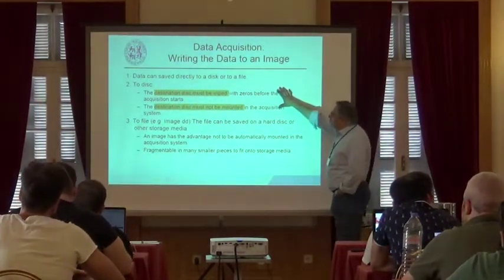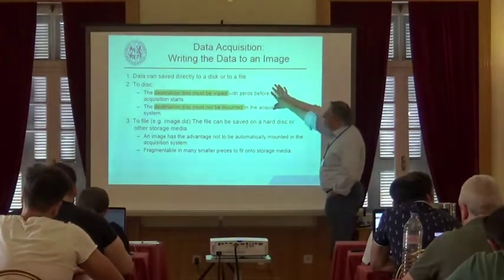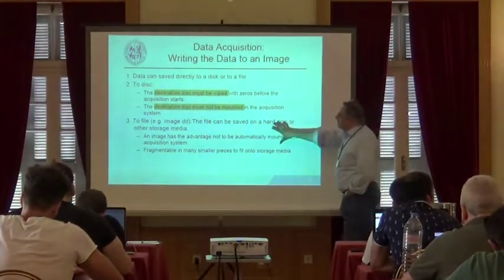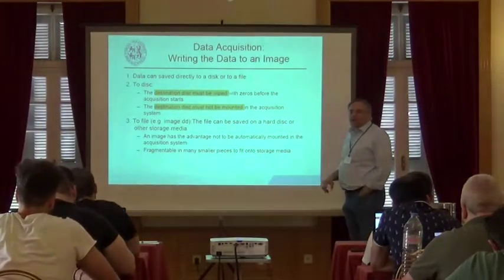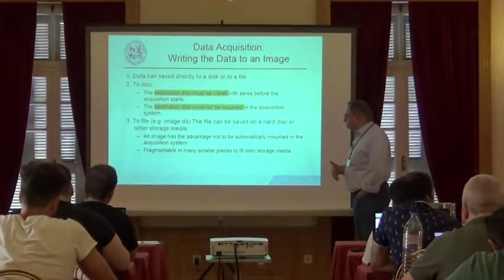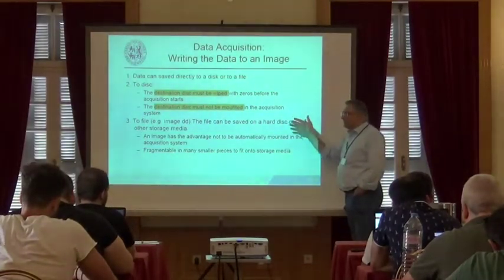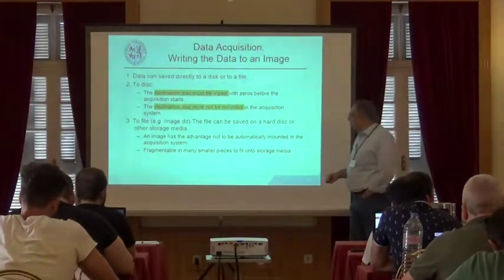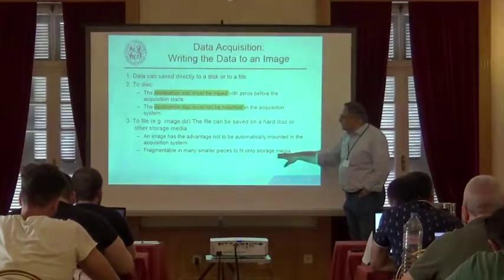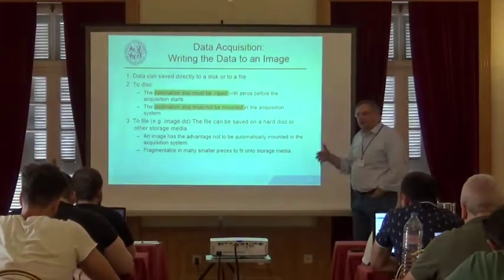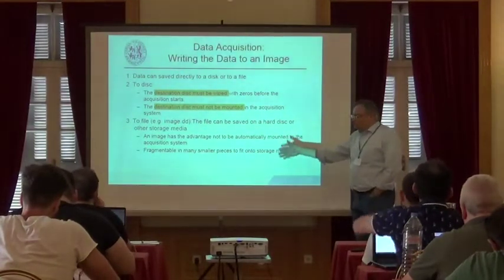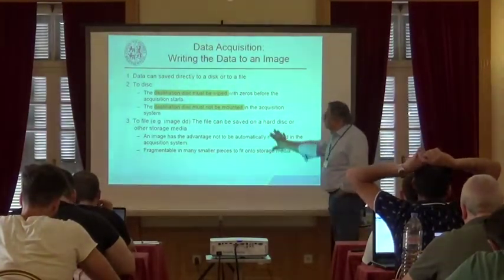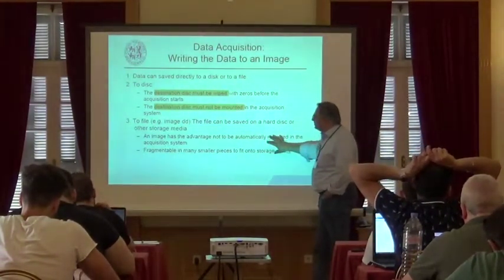In the old days, people would do the disk copy. Nowadays, people prefer copying to files because it's faster. You don't need to keep a lot of disks around, and also it's fragmentable in the sense that if it's too big, it can spill over to other volumes. So you can store it on a big server.